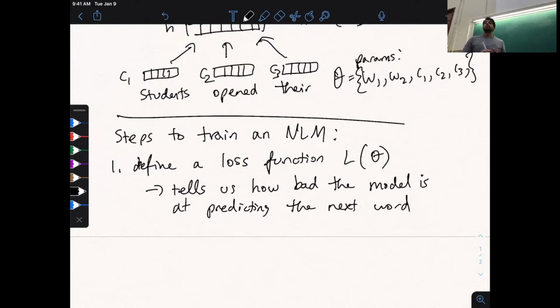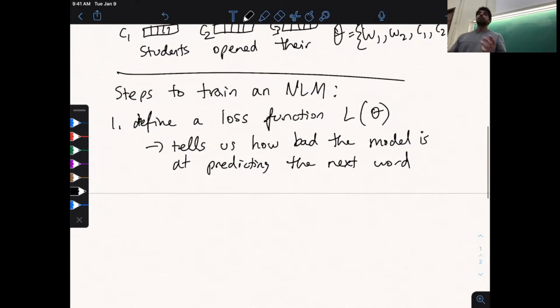If I gave my model "students open their" and it put 100% of the probability on zoo, this would be a model that would obtain a very high loss. Compared to if the model put, say, 60% on books, this model ideally would get a lower loss. So it's telling you how good or bad the model is. A higher loss indicates that the model is worse.